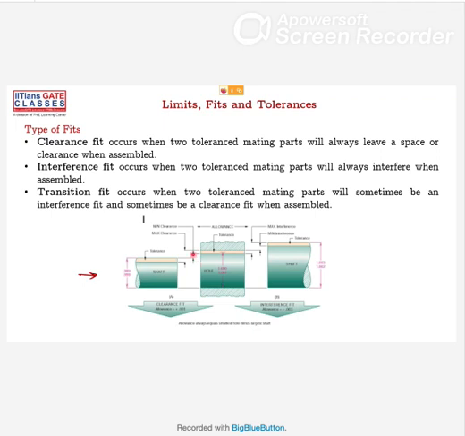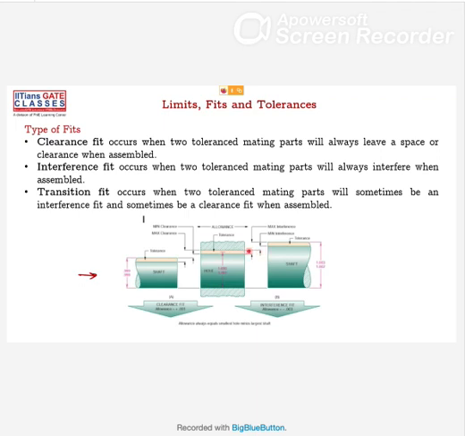Okay, what is interference fit? Interference fit occurs when two toleranced mating parts will always interfere when assembled. Obviously, you take the lower limit of shaft and the upper limit of hole.